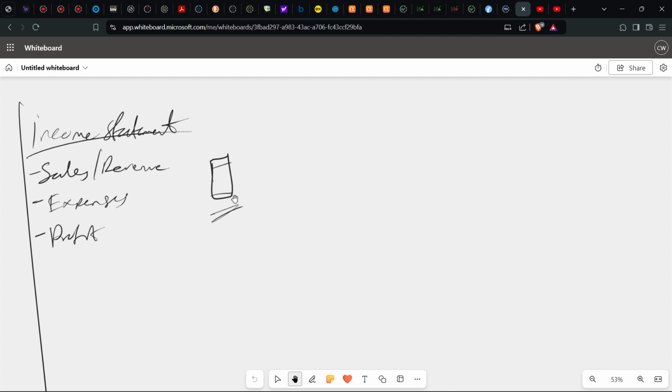So let's say it cost them $54 to make this phone and they sold it for $100. You can see this is the revenue and this is the cost of goods sold. They used $54 to make the phone and deliver it to the shop, and they sold it for $100. As you can see, there is an amount that has been added to this production cost to make it $100, which is the retail price.